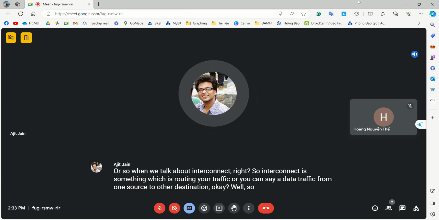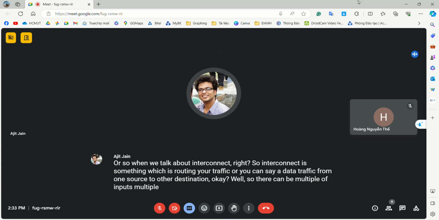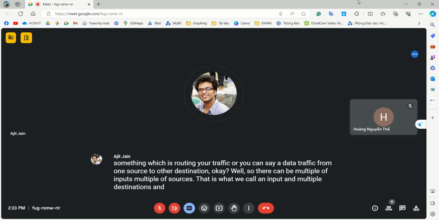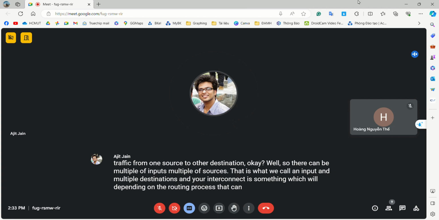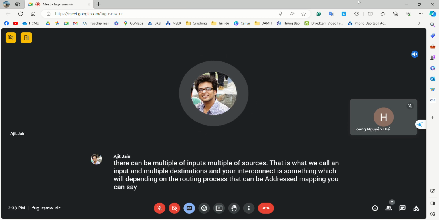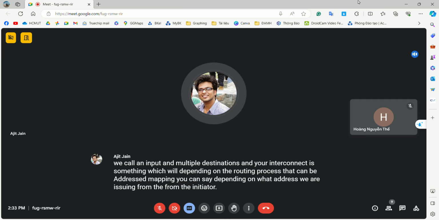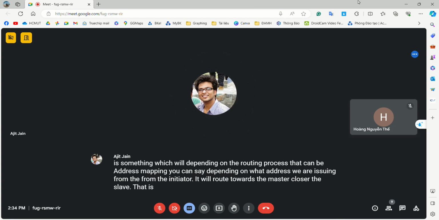There can be multiple inputs, multiple sources, and multiple destinations. Depending on the routing process, which can be address mapping, depending on what address we are issuing from the initiator, it will route towards the master, no sorry, the slave, that is your destination.